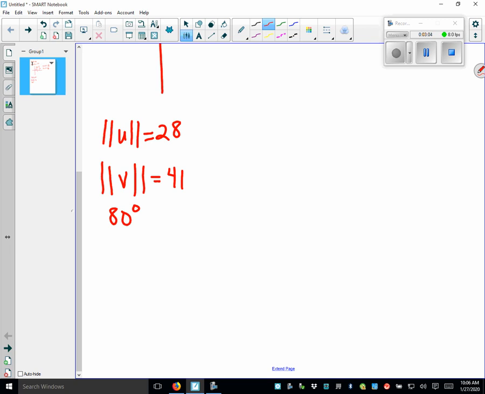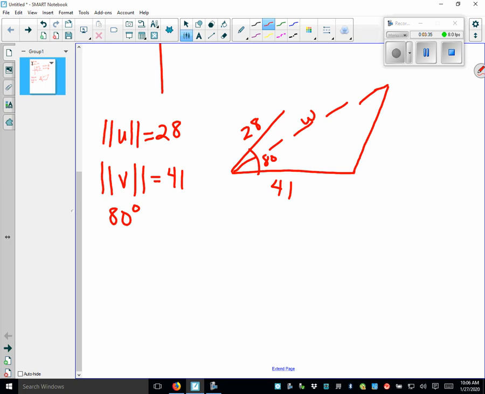Which one is on the horizontal? V. So this is 28. This is 41. This is W, correct? This is 80. Right? What is this angle right here?